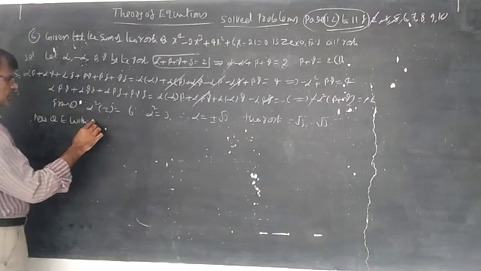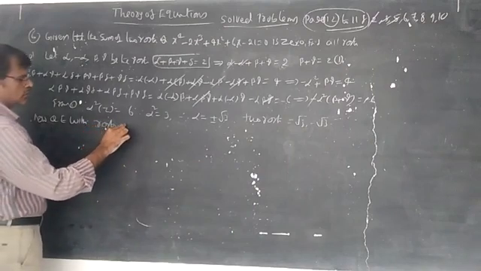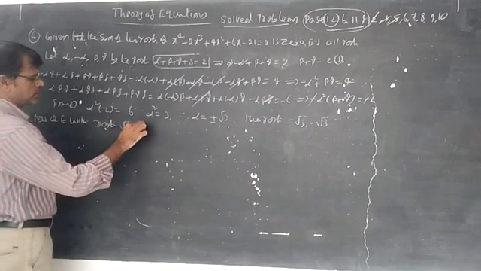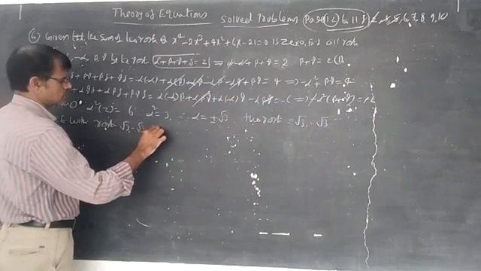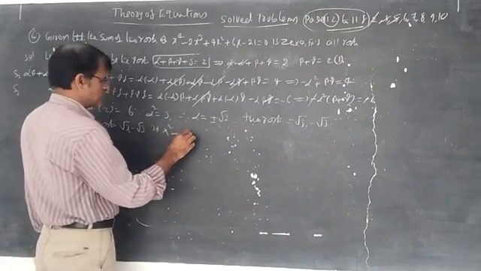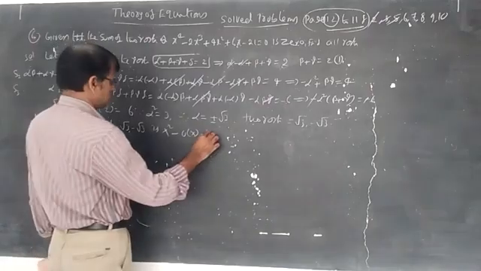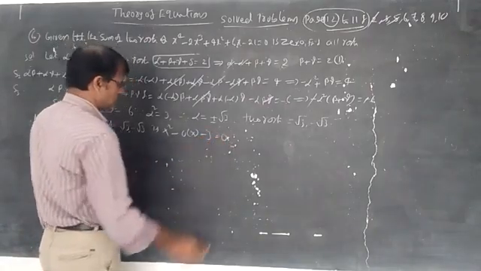You can write the quadratic equation with roots root 3 and minus root 3, which becomes x square minus 0 into x plus minus 3 equal to 0.